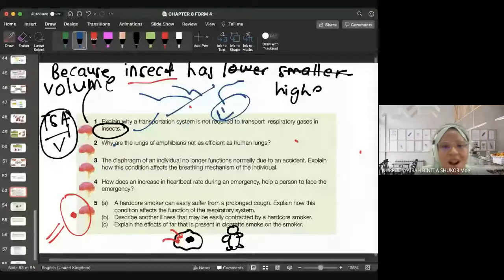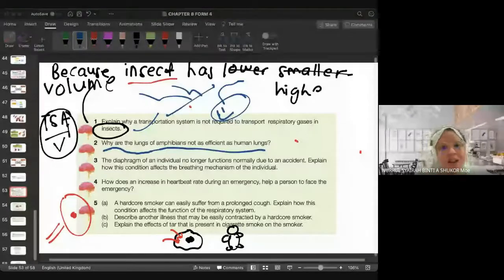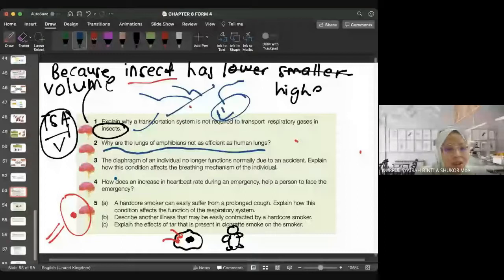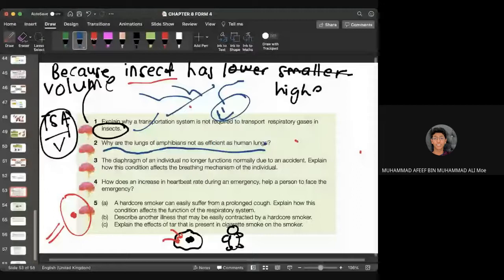Okay. Second, why are the lungs of amphibians not as efficient as human lungs? Now the frog comes to Afif: why are my lungs not as strong as yours? Afif answers: amphibians such as frogs have moist and permeable skin that can transfer gases such as carbon dioxide and oxygen, while humans have dry skin that is impermeable for gas exchange.